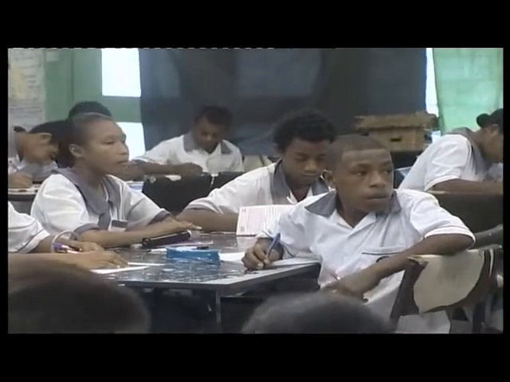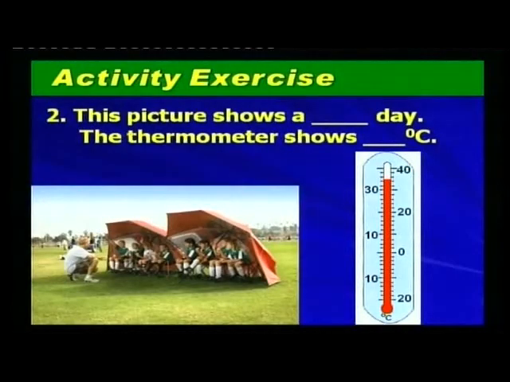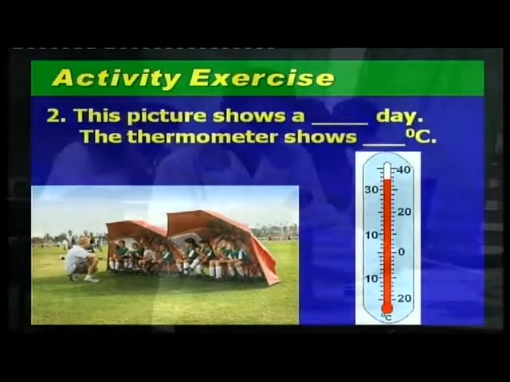Okay, I'd like us to at least correct one of those exercises. Okay, this exercise that is on the screen now, what would be the type of day? The picture shows what type of day? 6Cs and receiving students. Robert. Hot day.